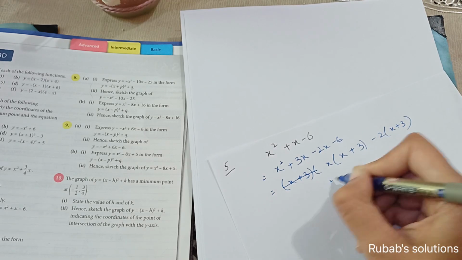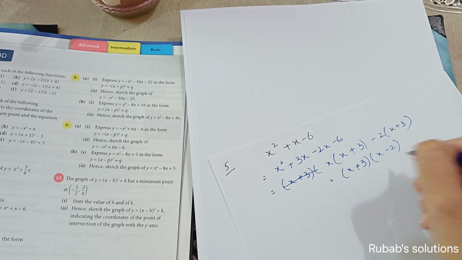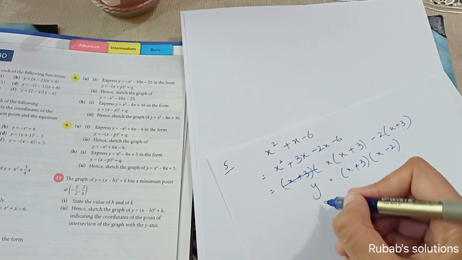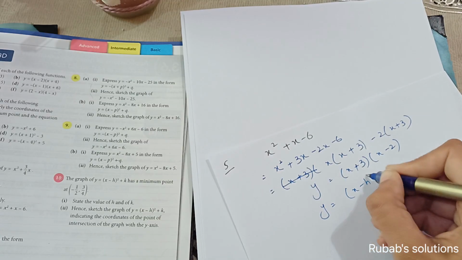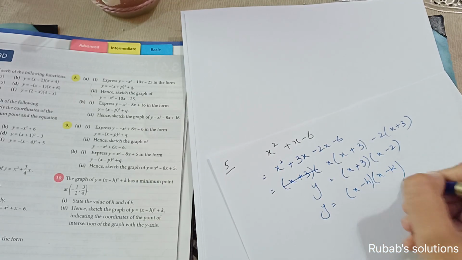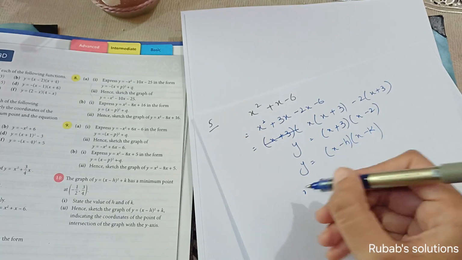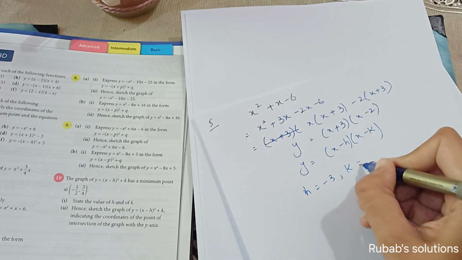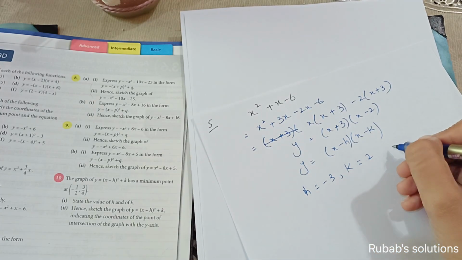So from here you will get (x plus 3) and (x minus 2). This is in the form of (x minus h) and (x minus k). So from here the x coordinates are, if you compare, h is equal to minus 3 and k is equal to 2. So these are my x coordinates if you do it directly.